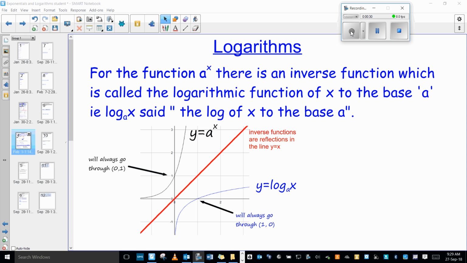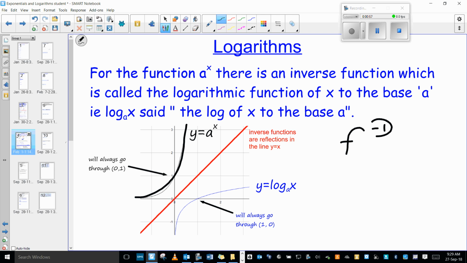If we were given an exponential graph like this, then a log graph would be the inverse of it. It would be a reflection of that graph in the line y equals x. Now, you would have met inverse functions previously. Do you remember those? Inverse functions are x to the minus 1.